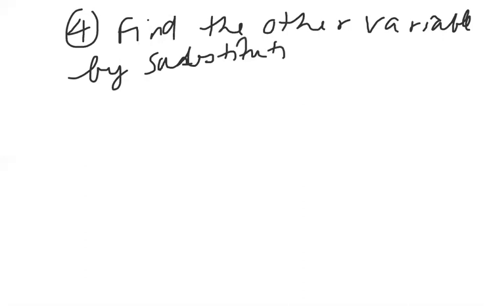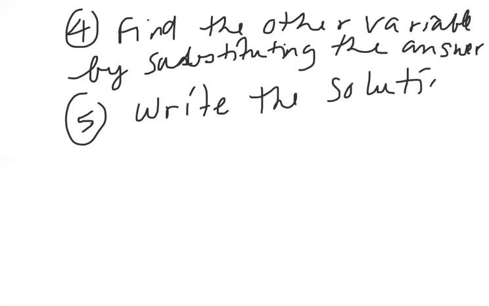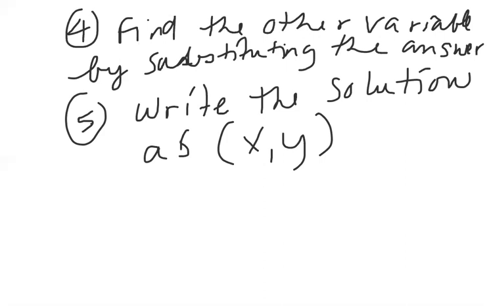We're going to substitute the answer. All right. So guys, last but not least, remember, this is a solution. And when you write the solution to a system, write the solution in the form of a coordinate point, as an x comma y, because this represents a point.